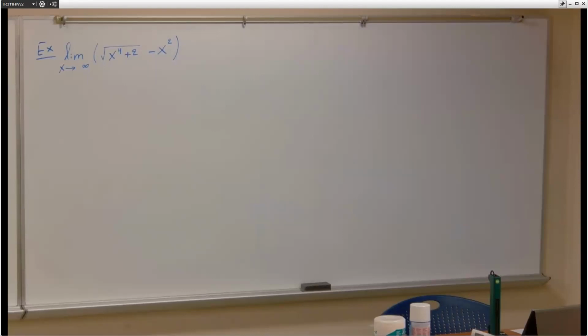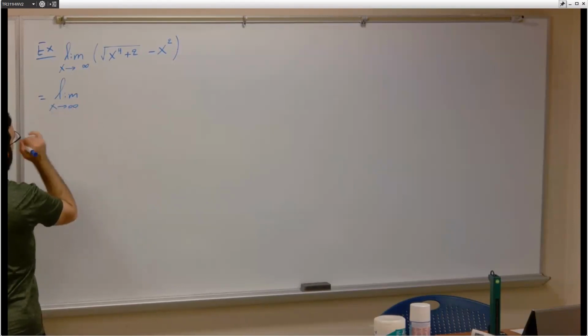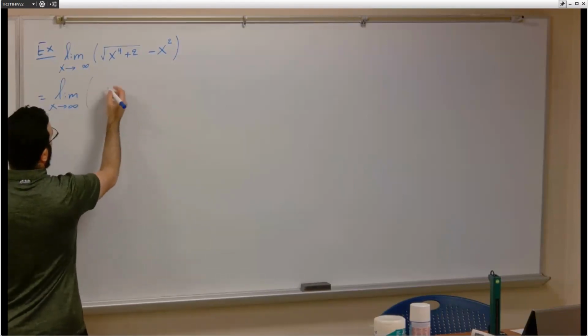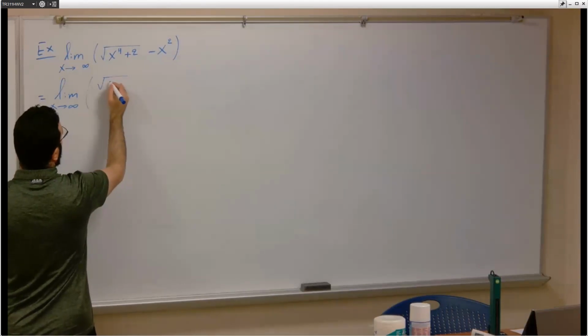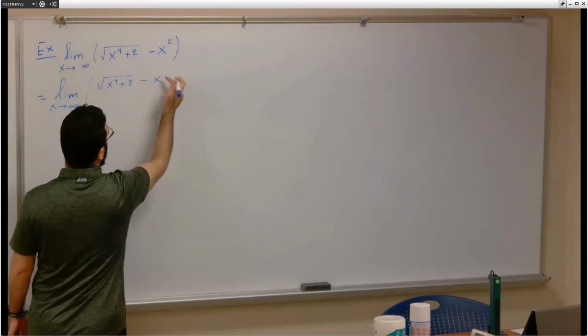The first step: this is equal to the limit when x approaches infinity of the square root of x to the power 4 plus 2 minus x squared, over 1.